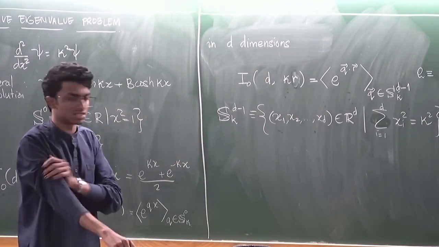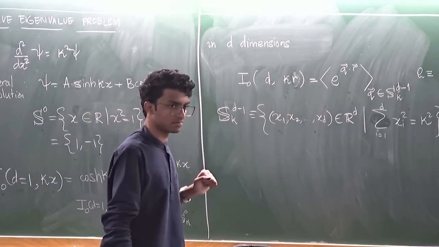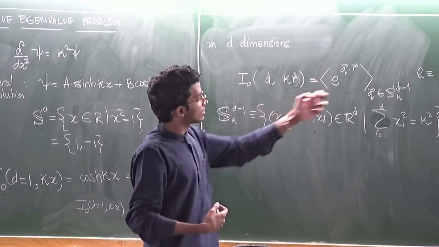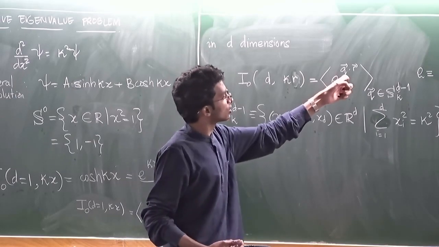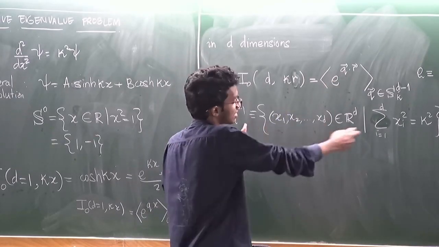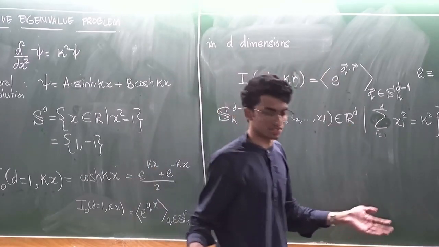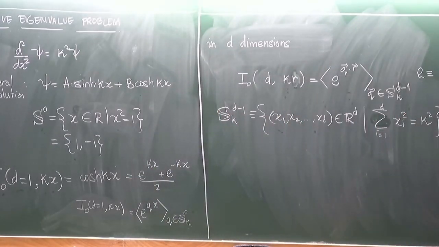That's the d minus 1 dimensional sphere of radius kappa. Okay. So what this means is that you have to take q to be every such point in this d minus 1 dimensional sphere.